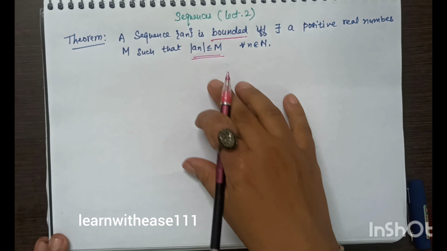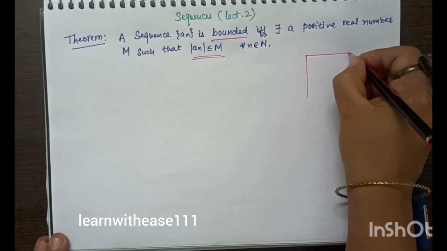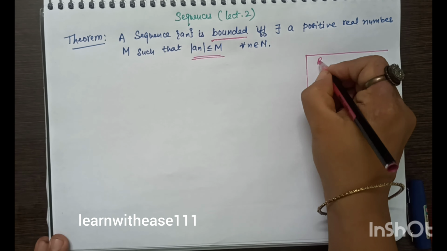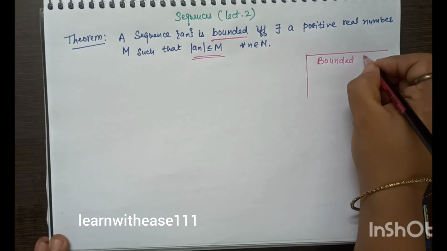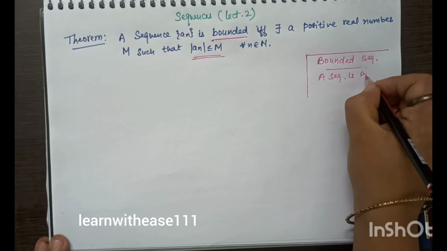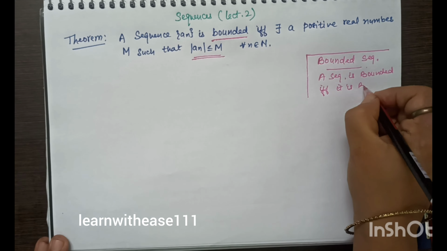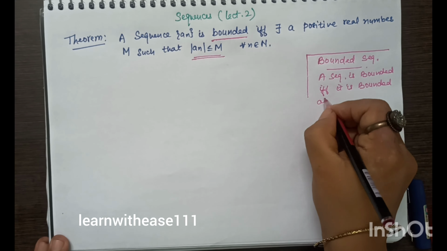If the sequence is bounded, this condition holds, and if this condition holds, the sequence is bounded. So first, let us look at the bounded sequence. A sequence is said to be bounded if it is bounded both ways, that is, if it is bounded above as well as bounded below.